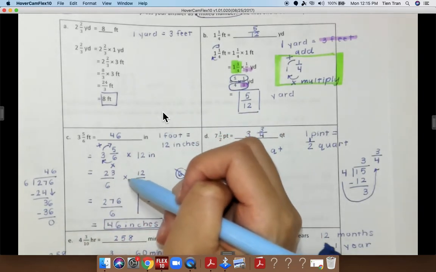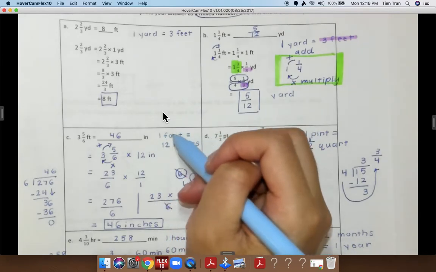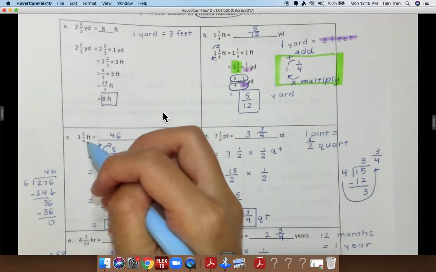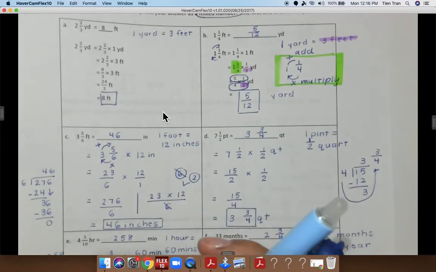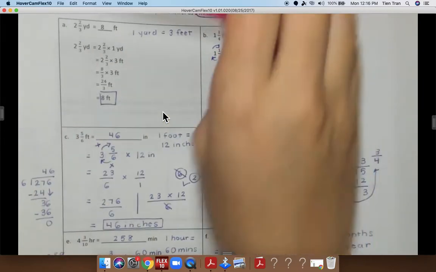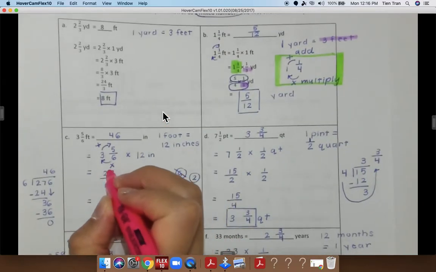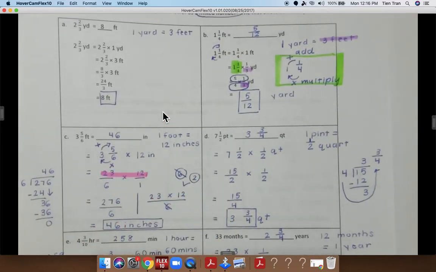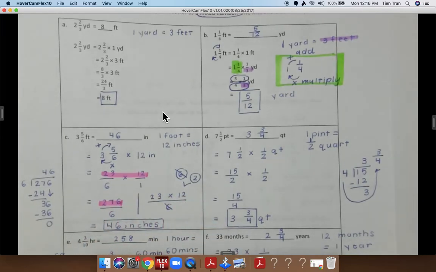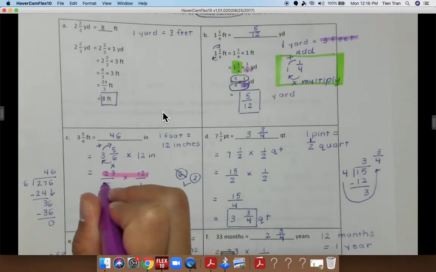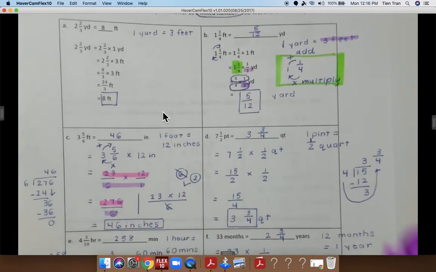So I have 23/6 times 12 because 1 foot is equal to 12 inches, and they're converting feet to inches. So now I'm going to multiply my numbers at the top, and then I am going to multiply my numbers at the bottom. So I have 23 times 12, which is equal to 276. And I have 6 times 1, which is equal to 6.